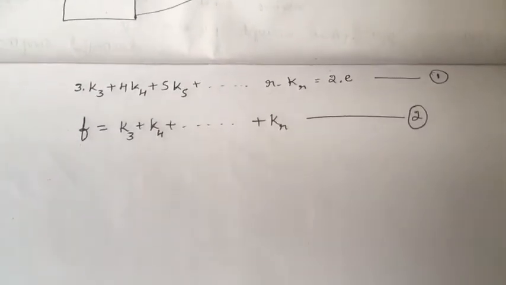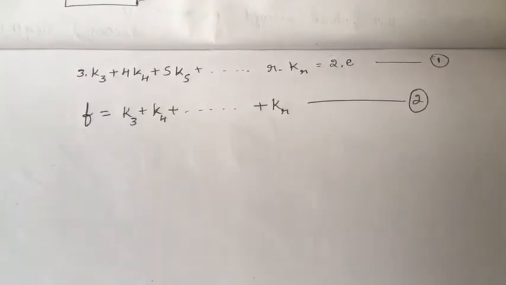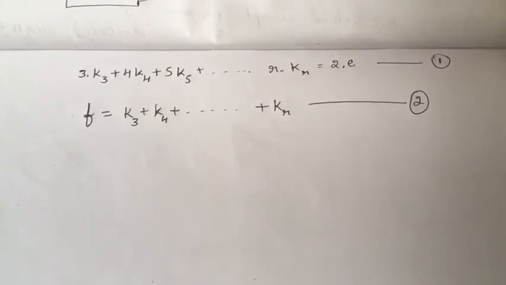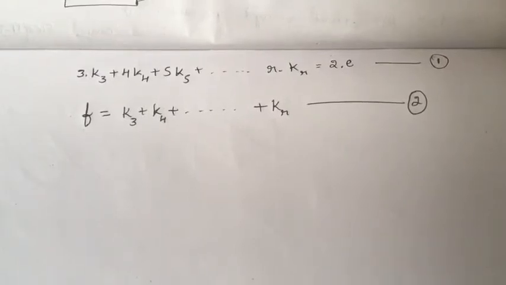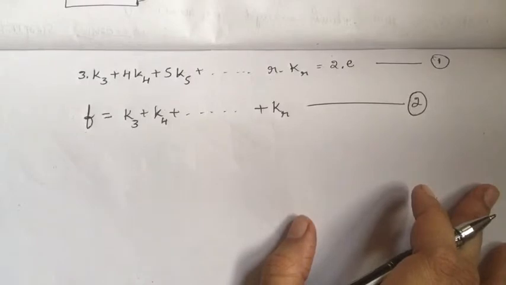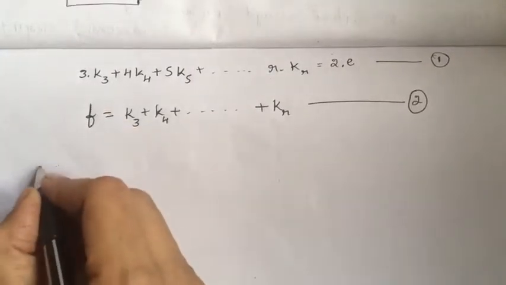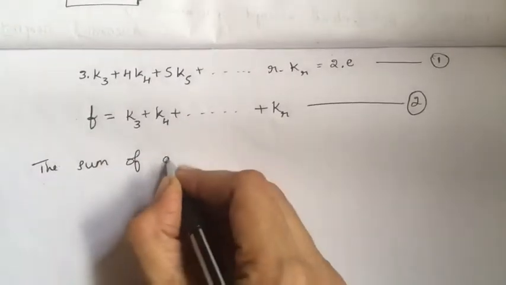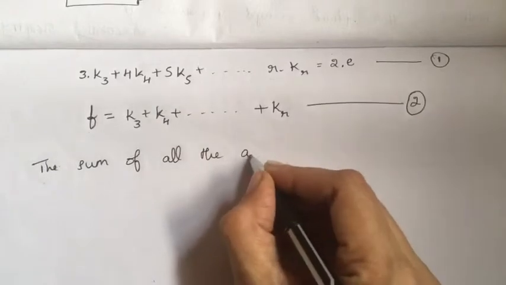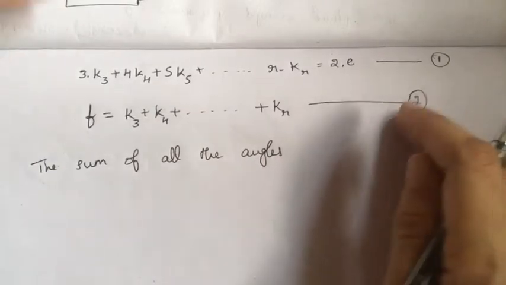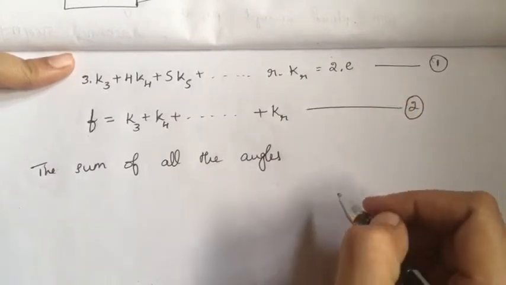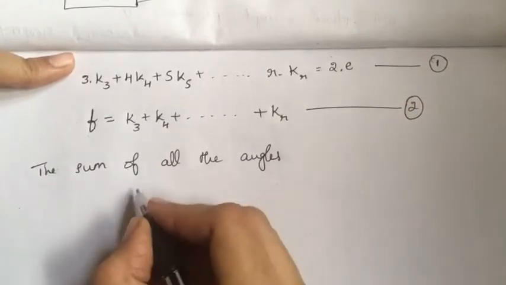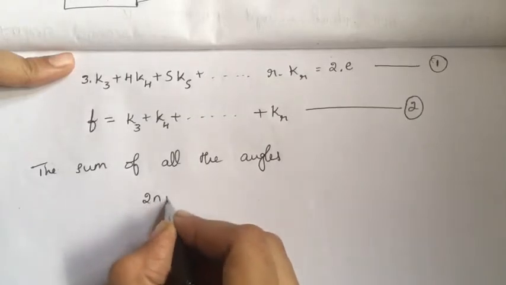Now I know that each vertex is surrounded by an angle of 360 degrees. This angle is distributed among the different polygons. Now there are n vertices in my graph, so the sum of all the angles subtended at each vertex in the polygon is 2n pi.